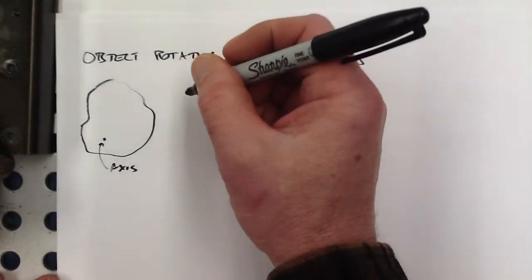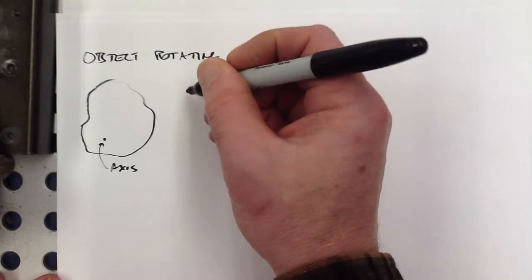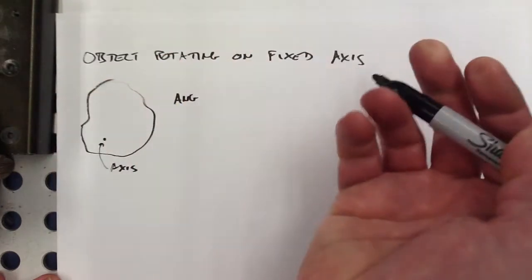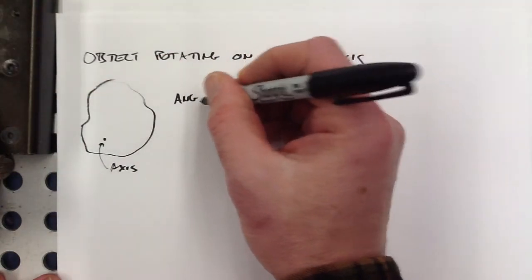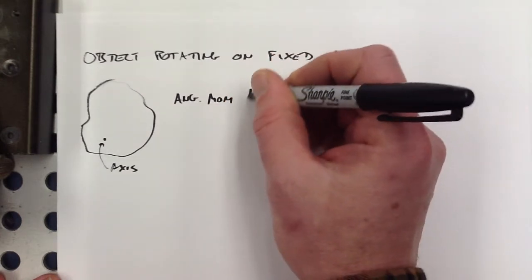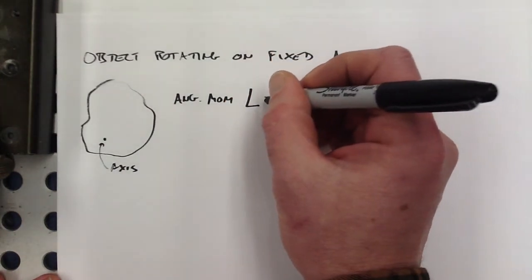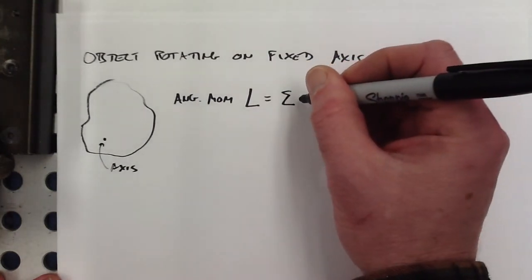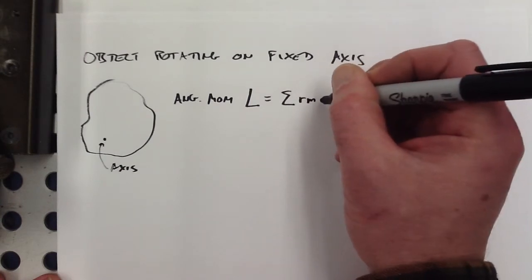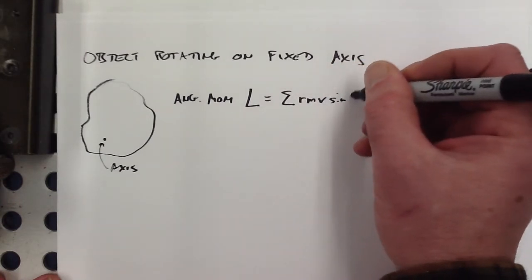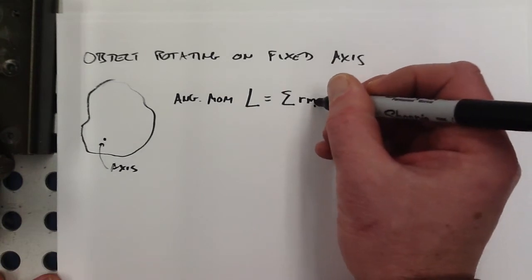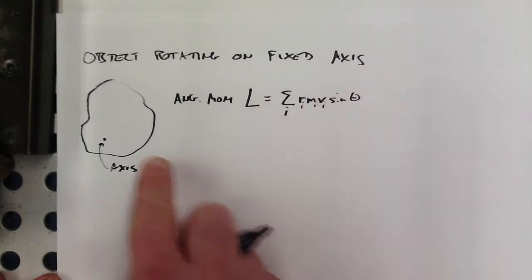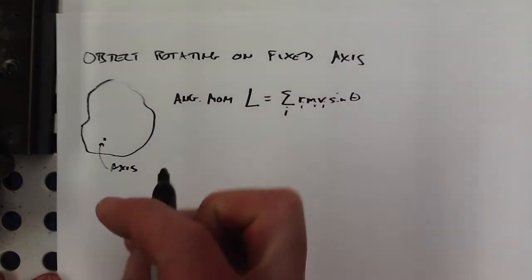Well, the angular momentum of this, which we will call capital L, since it's not a particle but a collection of particles, is equal to the sum of all of the r m v sine thetas if we chop it up into millions of little tiny pieces.